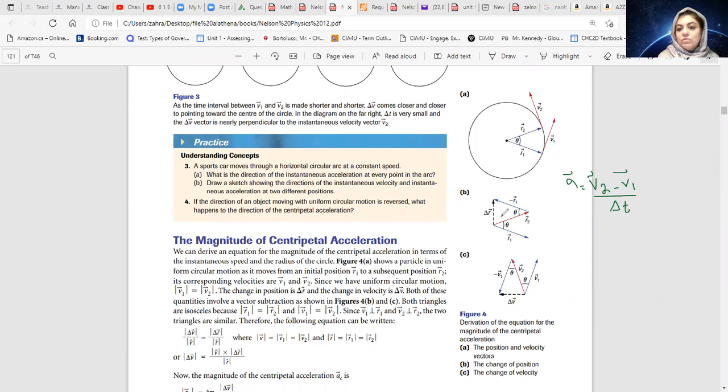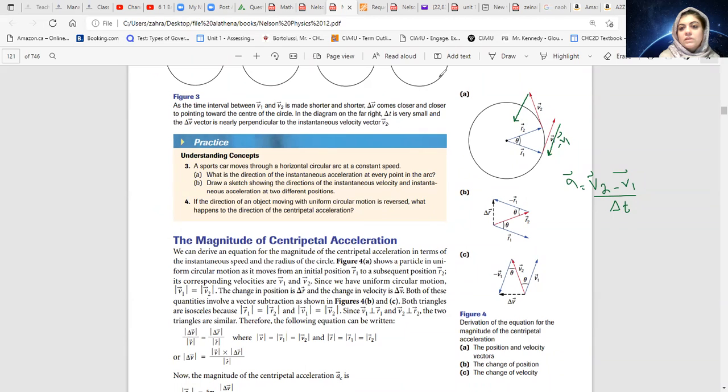So v2 is here. v2 minus v1: for minus v1, you just draw the same thing but in the opposite direction. So this is negative v1. If you want v2 minus v1, we can say v2 plus negative v1. So I put negative v1 here, parallel, the same magnitude, and then I add them, true?